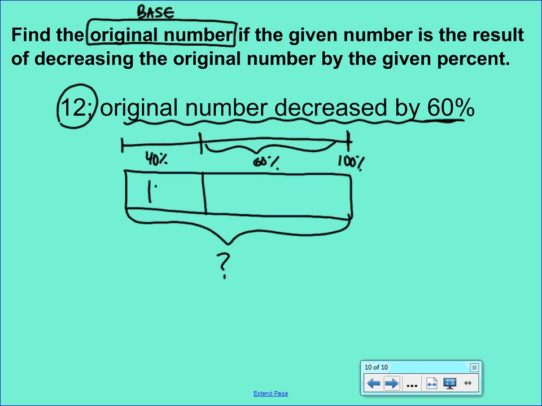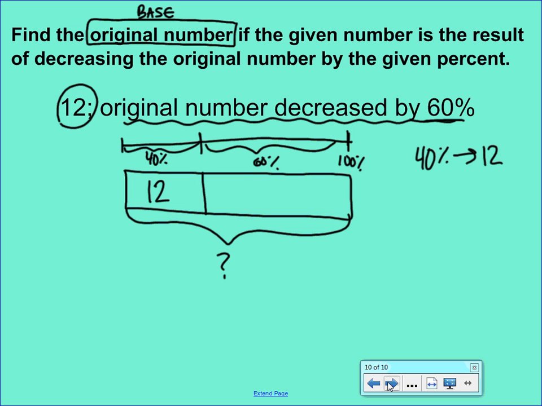And how much? In the number, it's 12. So, a little bit different way of solving this one. If we know that 40% of the whole is 12, can anybody think of what we could do to find the whole? What do you think, Caleb?